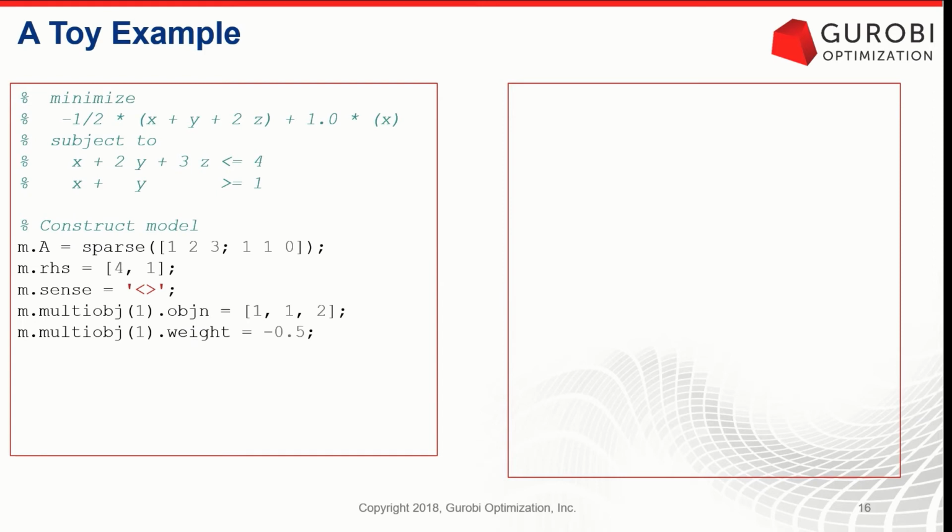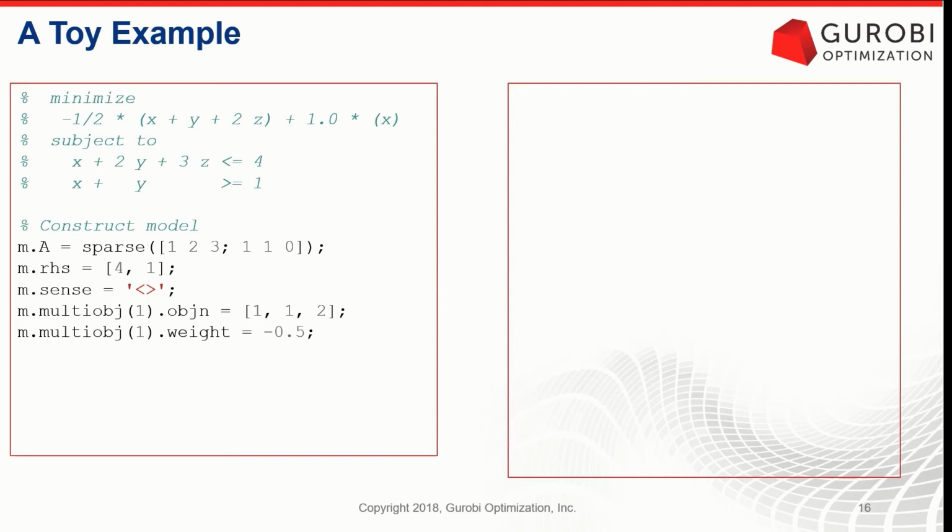Now we specify the first objective function, x plus y plus 2z. This is done through the field multiobj. Since this is the first objective function of the two, we index it by 1, so it becomes the first entry of a struct array. Within that struct, there are two fields.